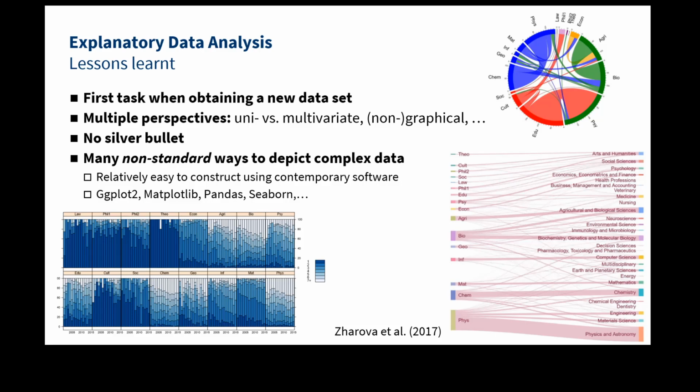All visualizations I borrowed from a paper of my colleague Alona Jarova. She was analyzing some really interesting data. I mean, for me it was really interesting because she was actually analyzing the research performance of professors of Humboldt University of Berlin.